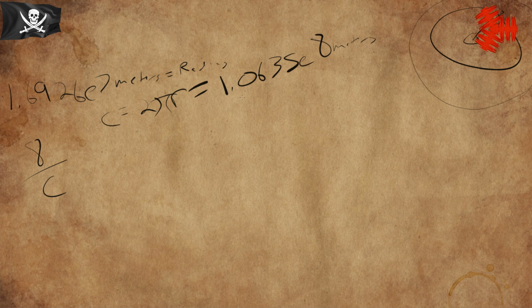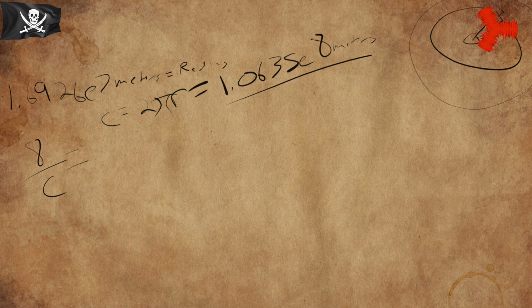And then we take 8 divided by C. I'm just going to write C for the circumference, to get a percentage. Let's do that. Ooh, Wolfram Alpha, there's the answer.